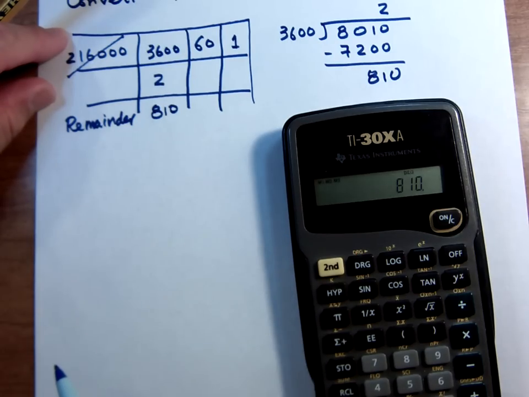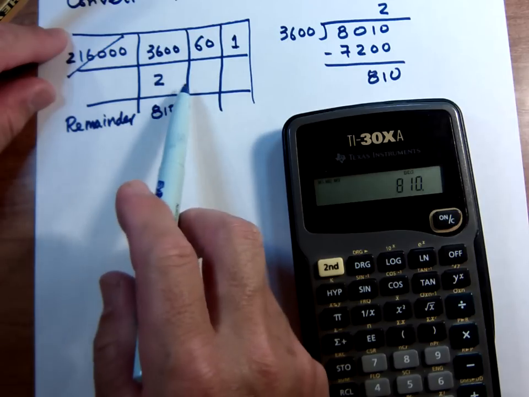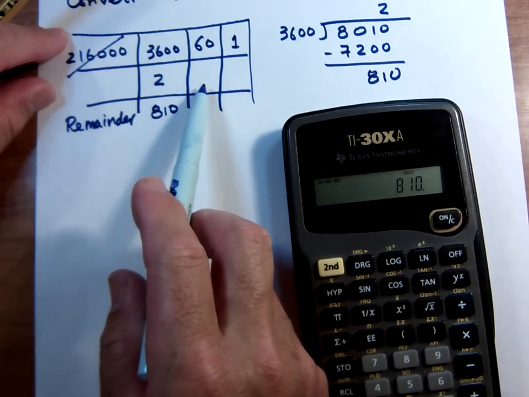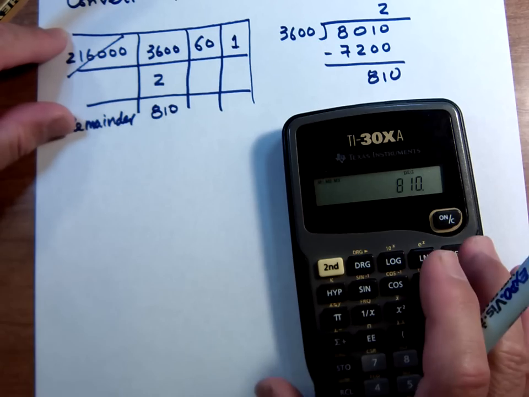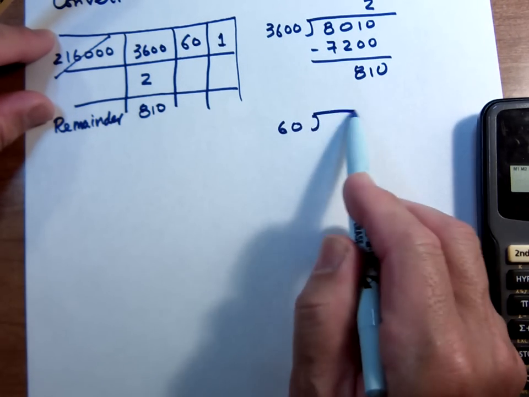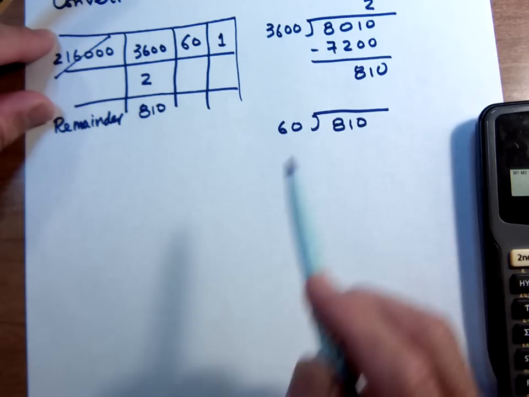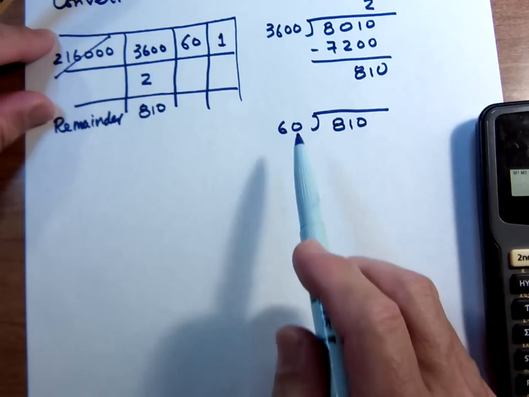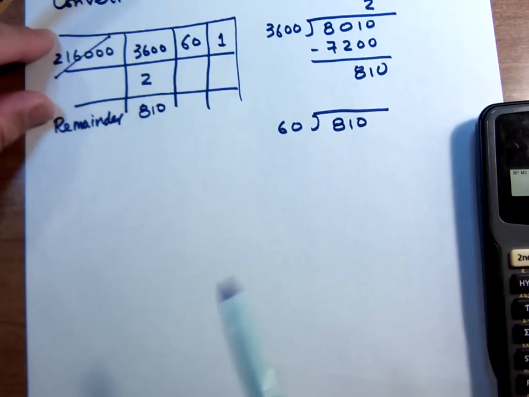Now we need to repeat this process with our next lower base value of 60, meaning we need to continue this by doing 60 divided into 810. How many times does 60 go into 810?